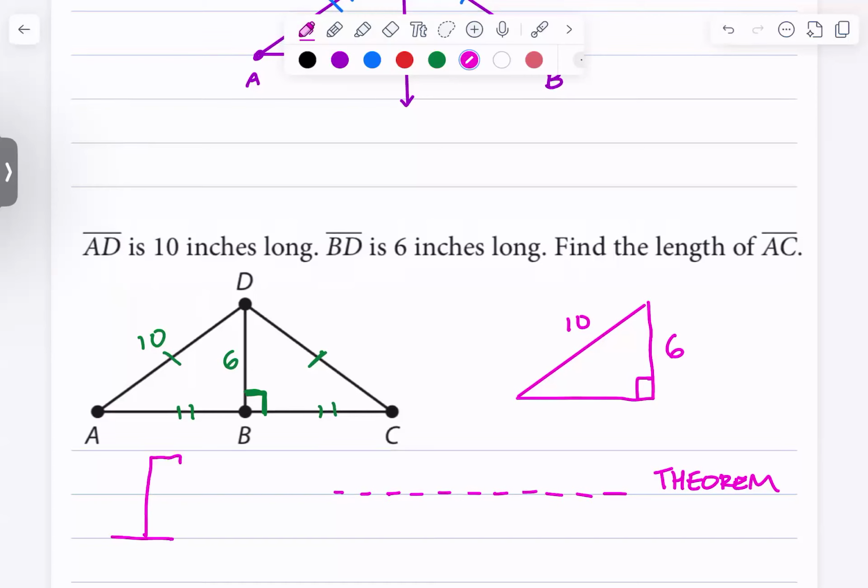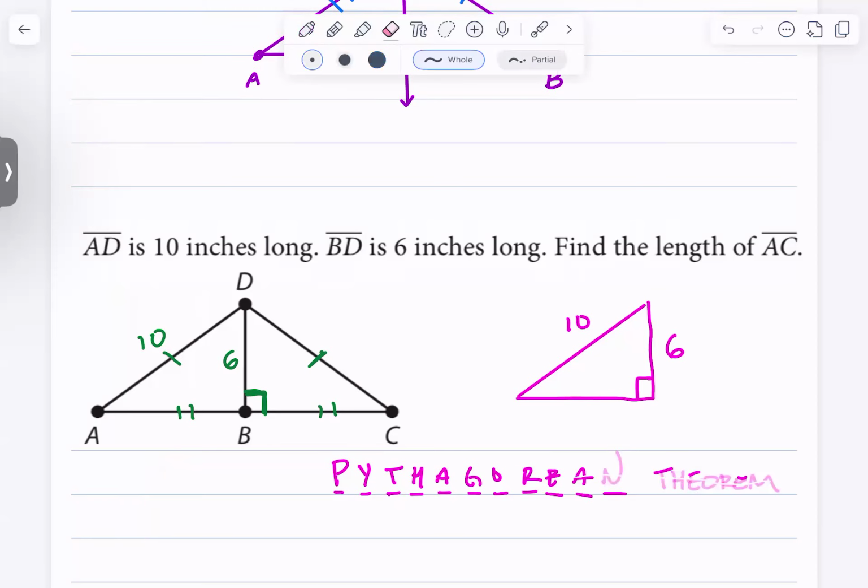Yeah, it's the Pythagorean theorem, right? Which says a squared plus b squared equals c squared, right?